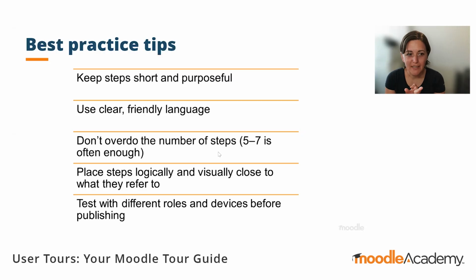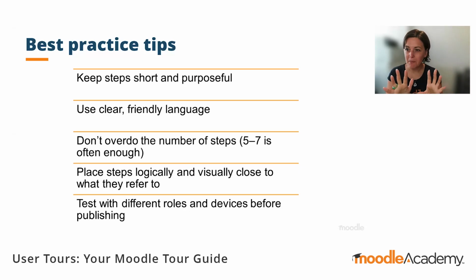For best practice, always keep the steps as short as possible and purposeful. Think about you're talking to one single person on the other side of the screen. You need to give the right directions, very clearly, in friendly language. Don't do what the quiz example I had upstairs, just a couple of slides before.